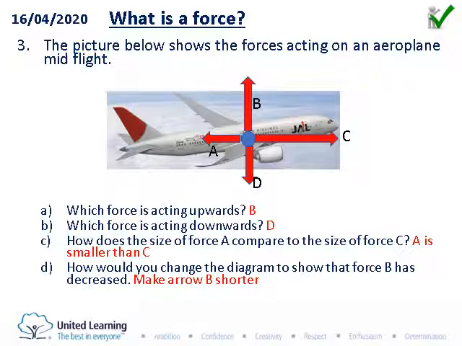You can tell that by the direction of the arrow. And I think a very important point, but I hope you've all noticed, is the longer the arrow, the bigger the force, and the smaller the arrow, the smaller the force. And so if you wanted to show a decrease in the force, you'd make the arrow shorter. And that's a really important point, and one that we'll return to again.